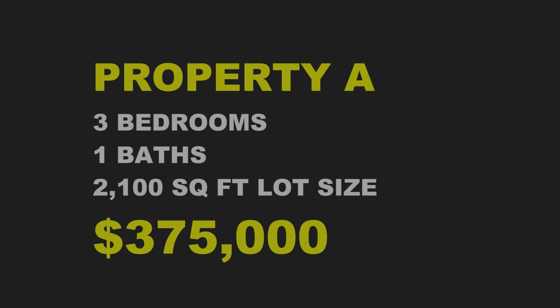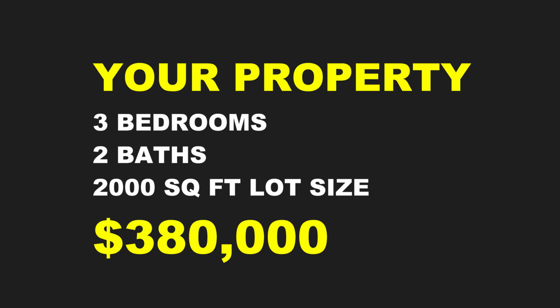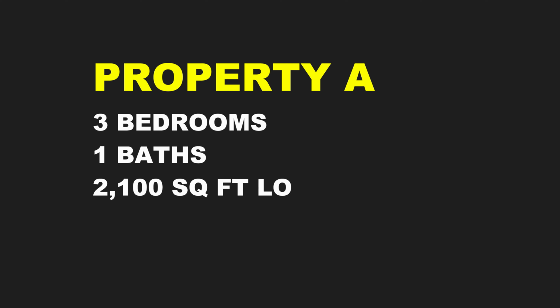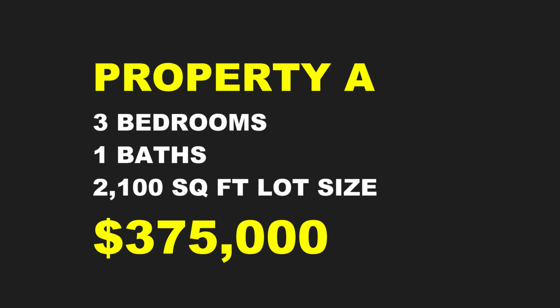Remember, your property, the target property, has 3 bedrooms, 2 baths, 2,000 square feet, and you are asking 380 grand for it. You want to see if you're overpricing or underpricing the house. So now, subject property A, as we mentioned, 3 bedrooms, 1 bath, 2,100 square feet.